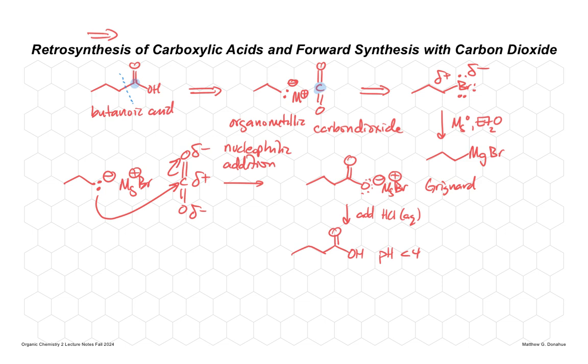So again, it's pretty general. If this was another example, that would be like 3-methylbutanoic acid. You identify the alpha carbon, and the acid part comes from CO2, and the rest of the molecule comes from a Grignard reagent.